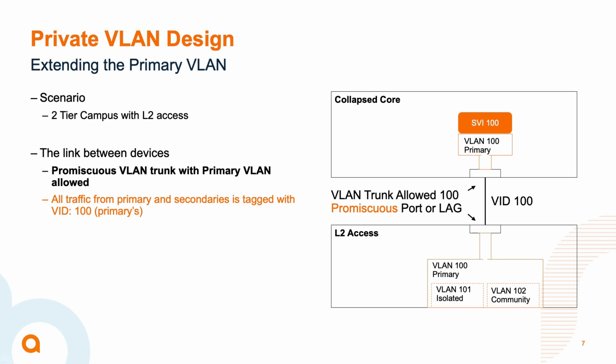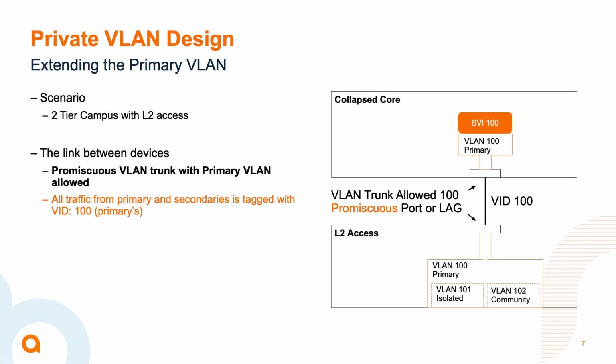So one thing that you need to remember is what happens to the VLAN IDs of packets that reach the switch with a VLAN 101 or through a port on VLAN 101 or through a port on VLAN 102. What will happen is that as soon as they get in the switch, they will be tagged with their corresponding secondary VLAN tag or ID.